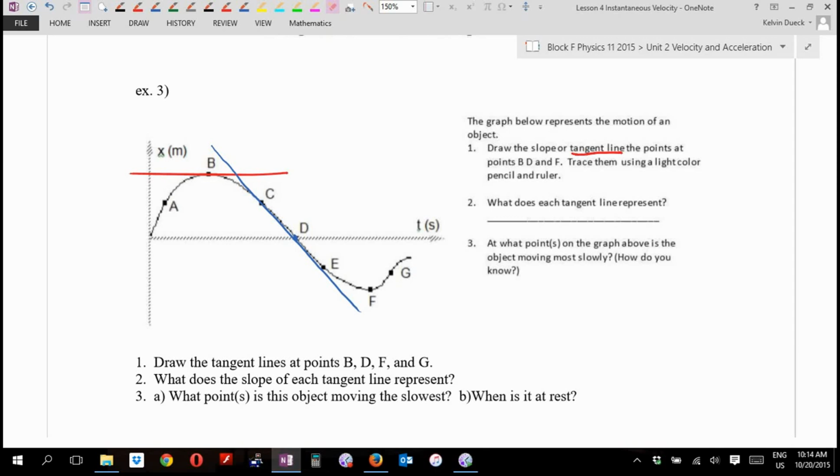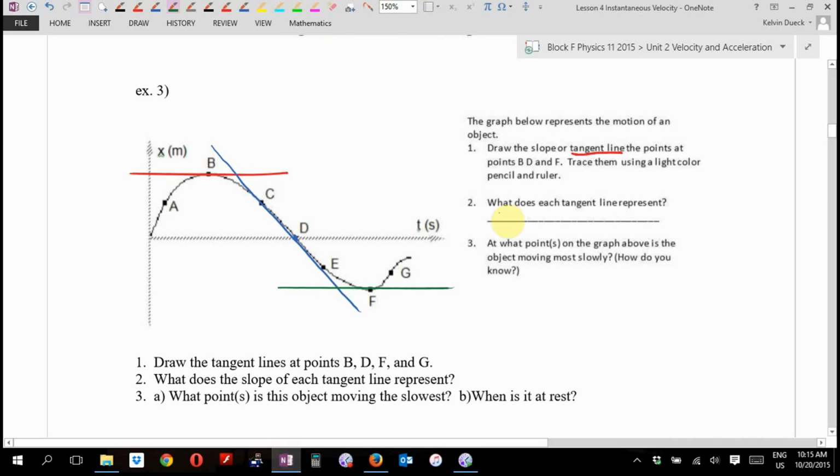What about point F? Point F, I'll go with green. I think point F is it bottoms out and levels out right there, I think. What does each tangent line represent? Well, first of all, it's matching the slope of the curve, but what is slope on a position or distance or displacement versus time graph?